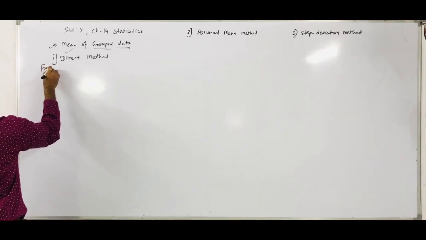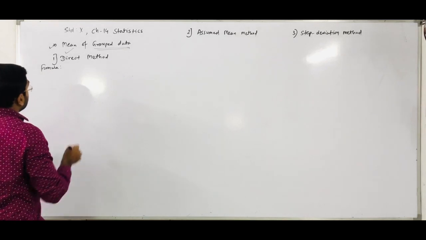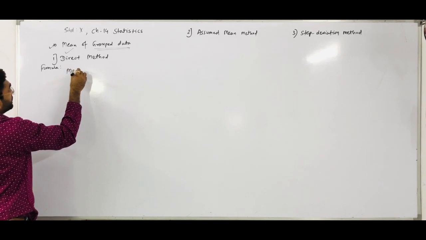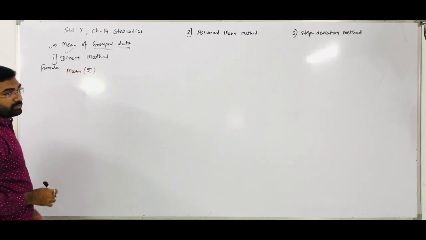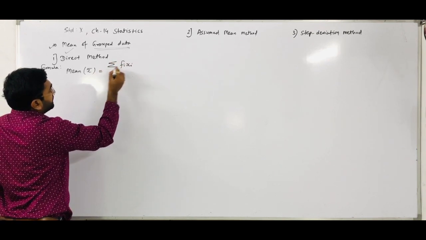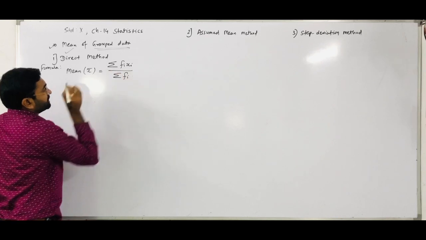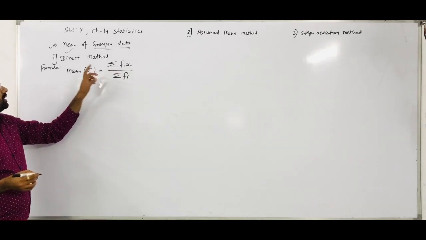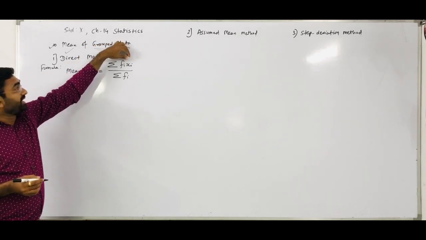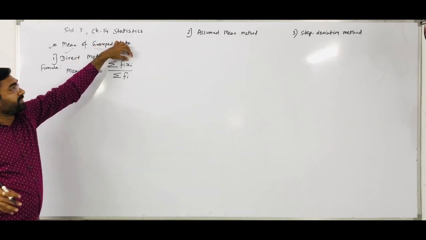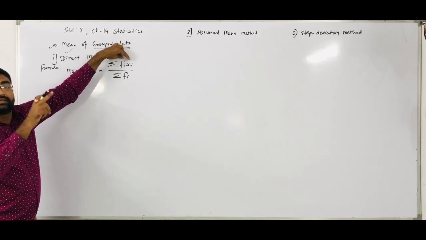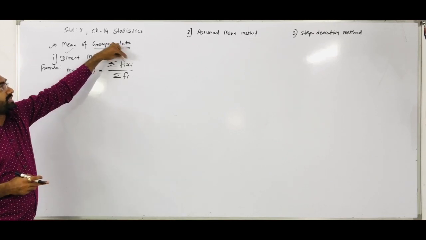So observe here the formula of the direct method. Mean is represented by x bar. The direct method's formula is mean x bar equals sigma fi xi upon sigma fi. Xi we already defined as the class mark, and we multiply it with the frequency. Each and every class mark and frequency multiplication we have to do, and take its summation.